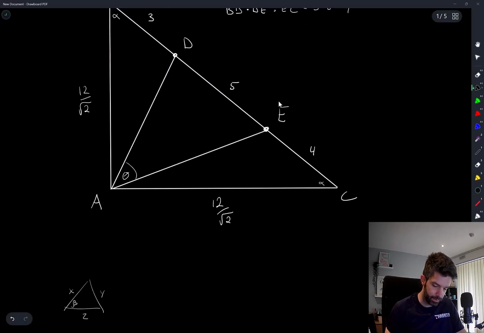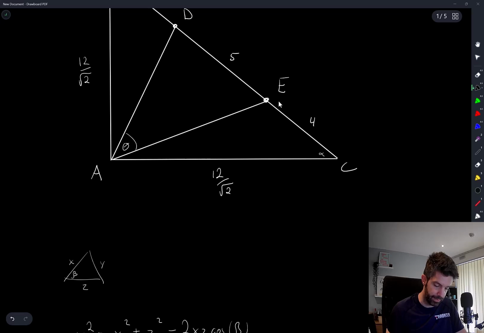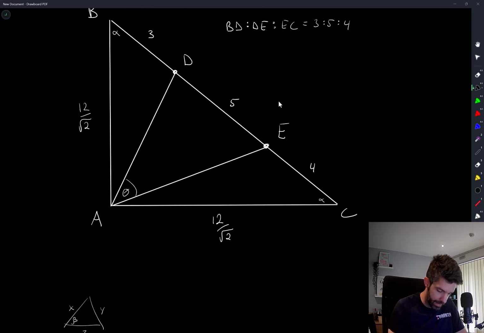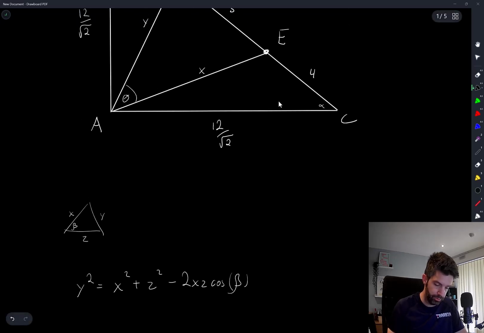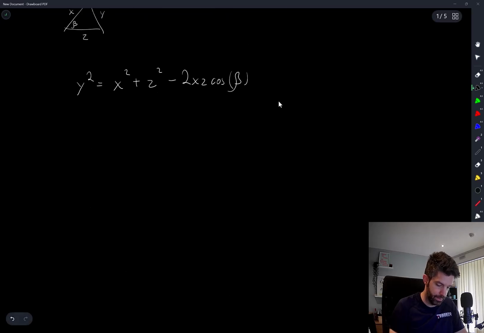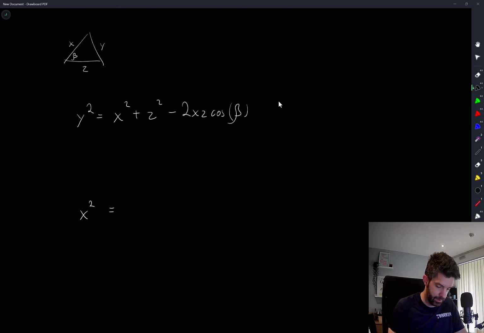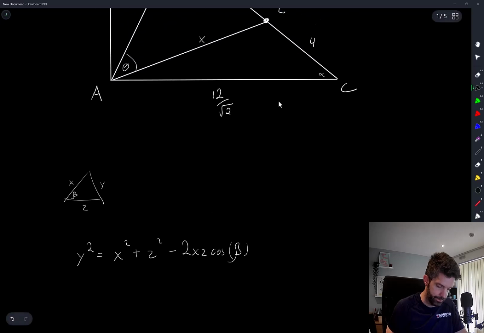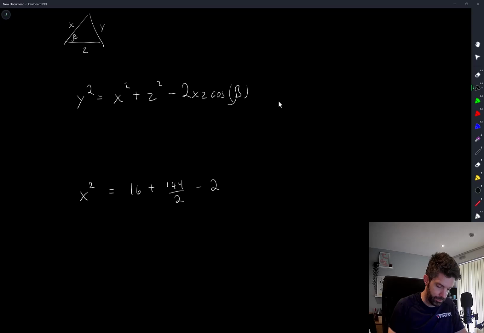Okay. So if we just put this all together, let's call this length x and this length y. Then using the bottom triangle, I have x squared is equal to 16 plus 144 over 2, minus 2 times 16 times 144 over 2 times cosine of 45 degrees, which is pi over 4.